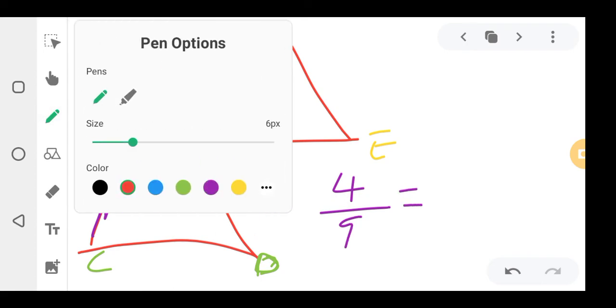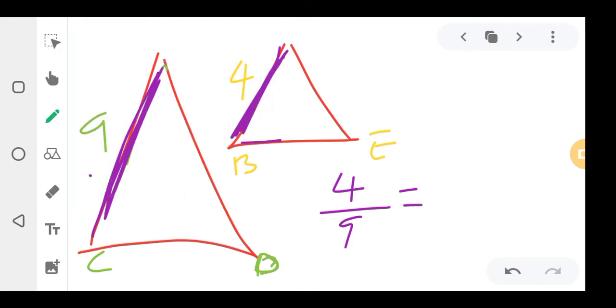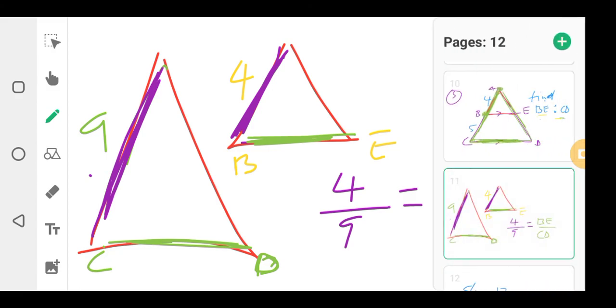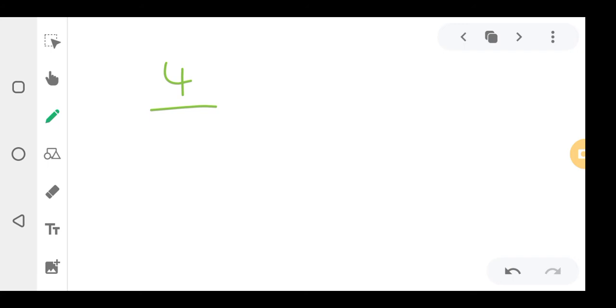The down distance here is BE, we don't know it, so BE over CD. You see, we have found the answer. 4 over 9 is equal to BE over CD.